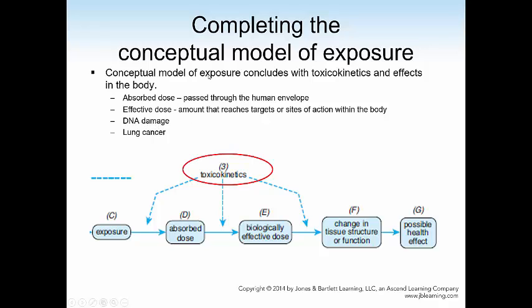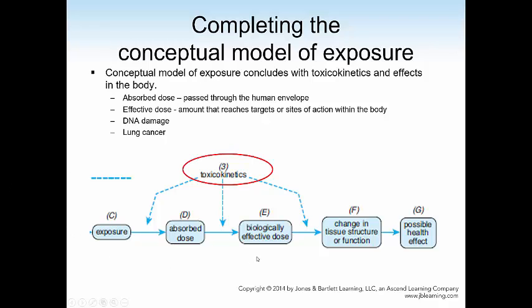All right, so then we get to the toxicokinetic part. You remember that. So here you go from exposure to your absorbed dose. What is that? Okay, again, it's passed through the human envelope, so it gets in. It's the part that's absorbed.